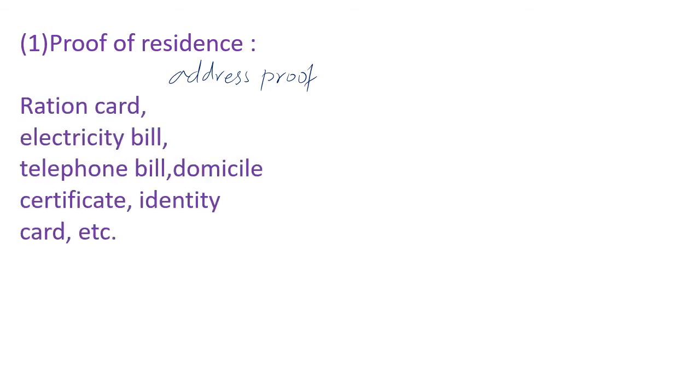Proof of residence means address proof. Understood? Either ration card or electricity bill or telephone bill or domicile certificate, anything which will tell us about the address of your stay. Another thing required is proof of identity.